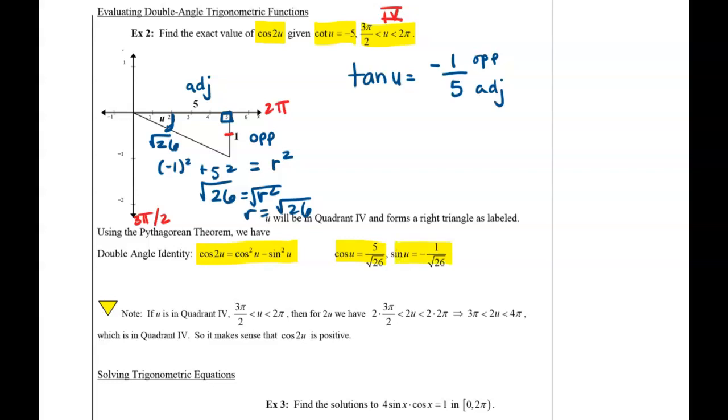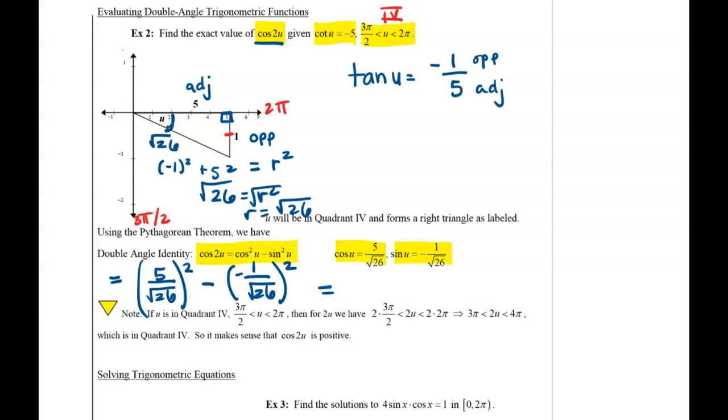No need to rationalize. So now, let's go ahead and use the double angle because we're supposed to find the cosine of 2u. And let's just plug in what we know. So we know the cosine is 5 over the square root of 26. And we're supposed to square it. Subtract sine u, which is negative 1 over the square root of 26, and we're supposed to square it.